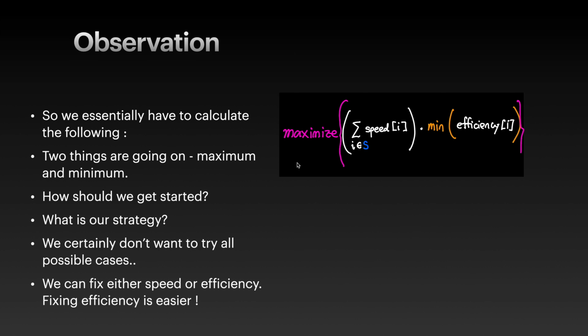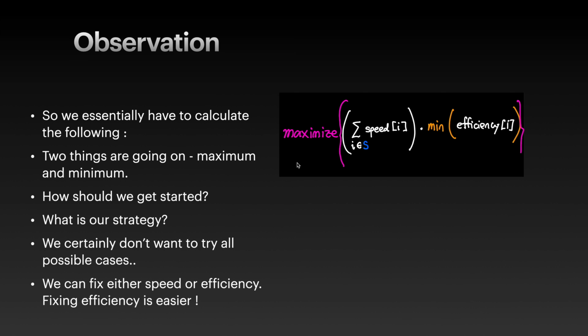And because we can also choose up to k engineers, meaning that if we are given n engineers, say n is 10 and we can form a group of up to 5 engineers, then how many combinations can we think of? Well, we have 10 choose 1, 10 choose 2, 10 choose 3, 10 choose 4, 10 choose 5.